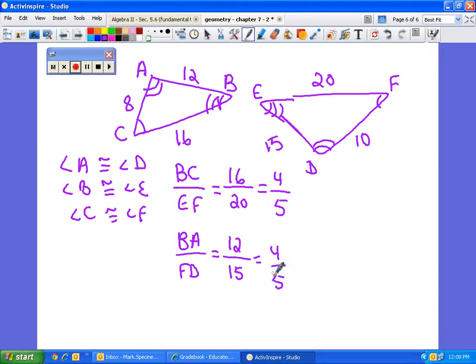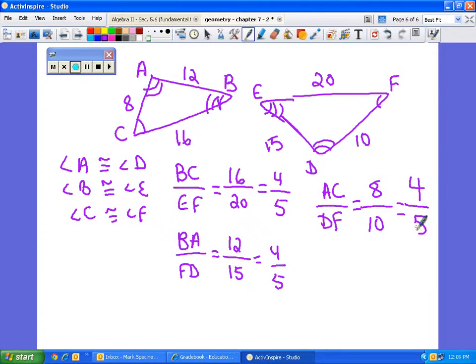So the last pair is AC and DF. Okay, so AC is 8 and DF is 10, which reduces to 4 over 5. Very good, Micaiah. All right, so that is how you are to do that problem.